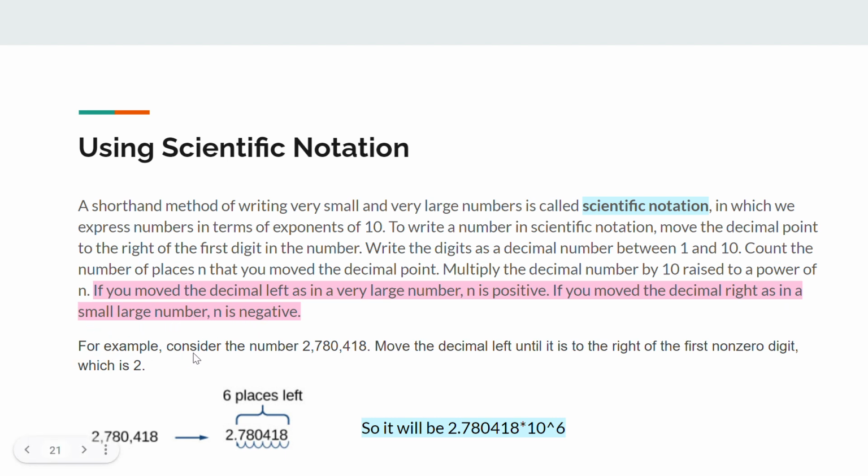So for example, consider the number 2780418. Move the decimal left until it is to the right of the first non-zero digit, in this case 2.